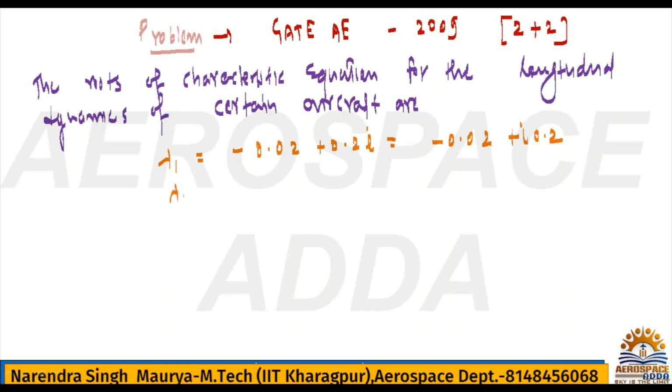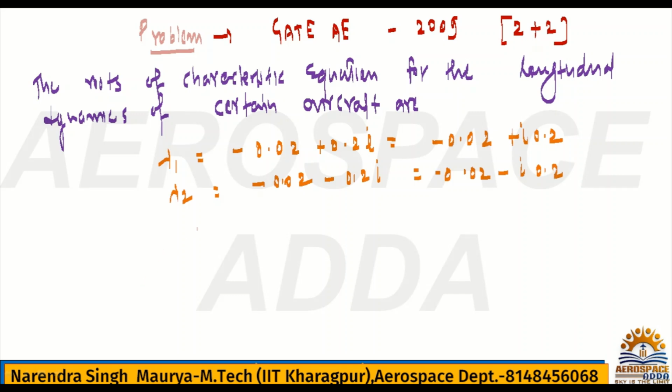Another root, lambda 2, is minus 0.02 minus 0.2 I, meaning minus 0.02 minus imaginary 0.2. This is the second root.